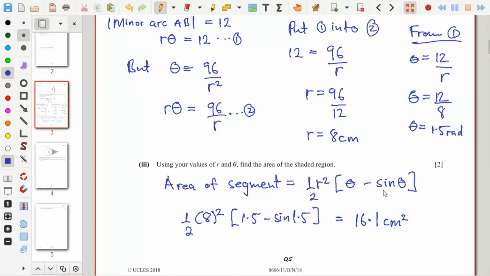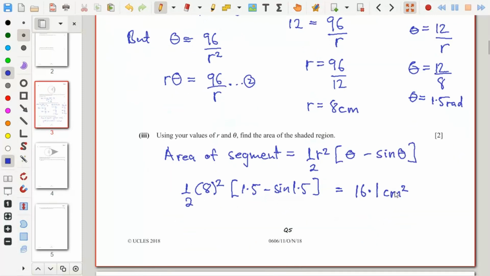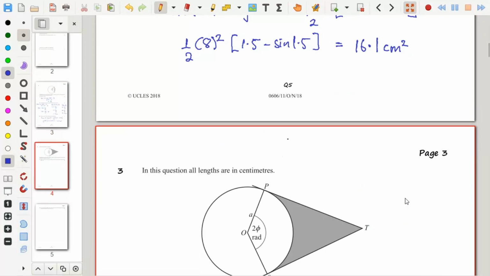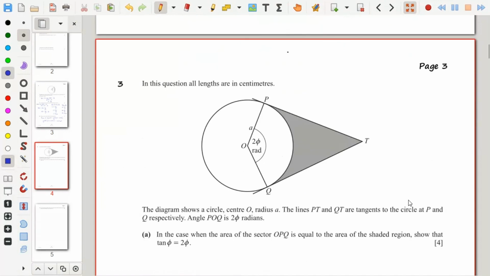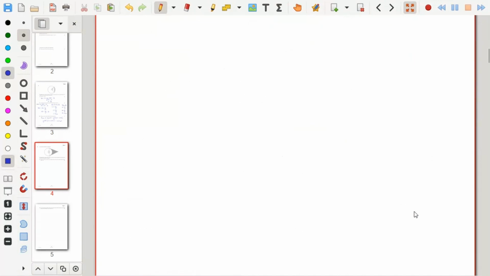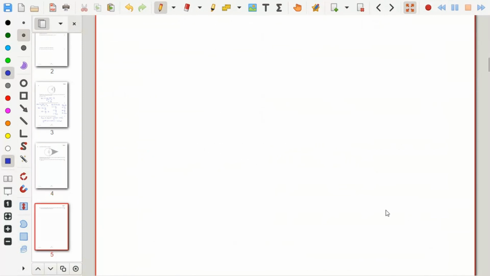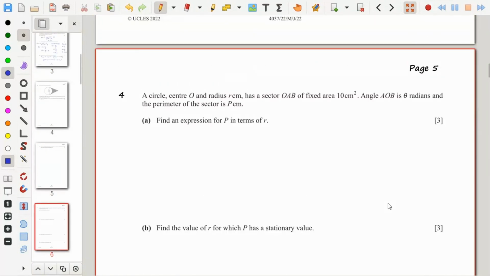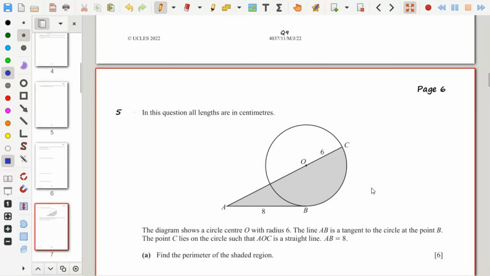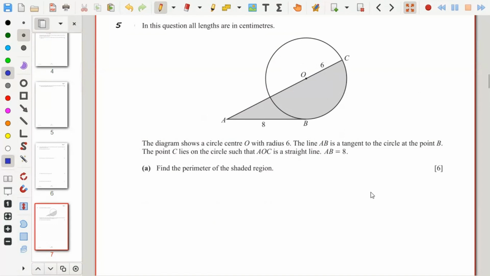Don't forget to bring your units, very, very important. Okay, so let's carry on. You'll come to this question later. It's a proof question. I'll do a special video on that one. Let's tackle the easy ones first.